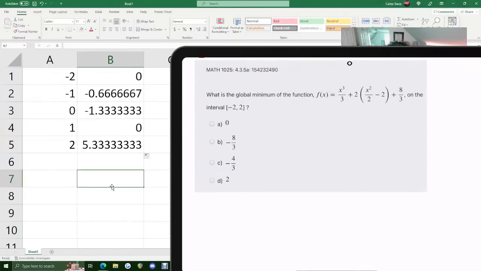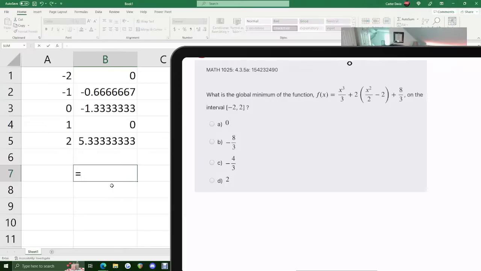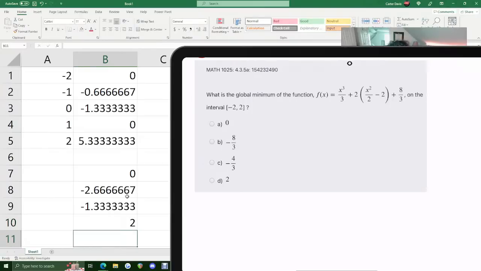If you want, you could always use Excel to type in each of those answers. Equals 0, equals -8 over 3, equals -4 over 3, equals 2. You get the idea. So these are the A, B, C, and D, and our lowest value is definitely -1.333, and that was option C. So C is our answer.